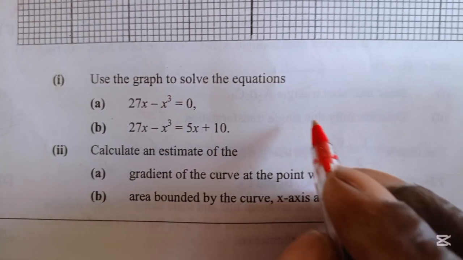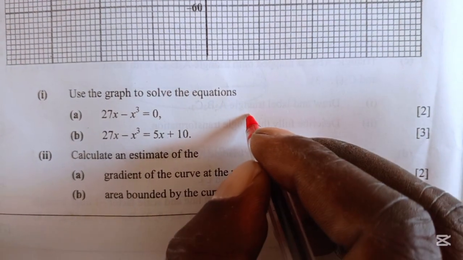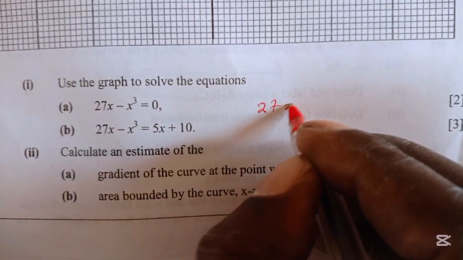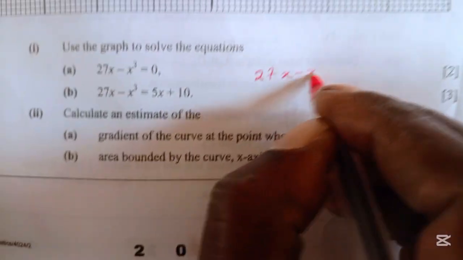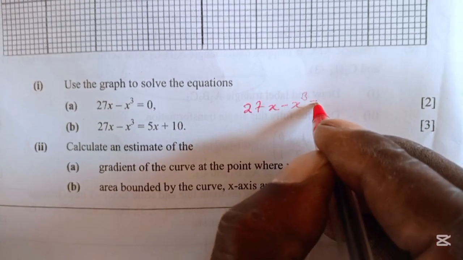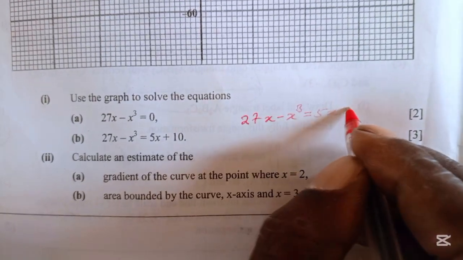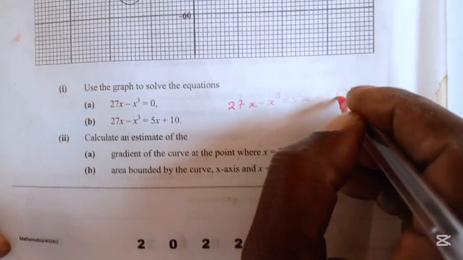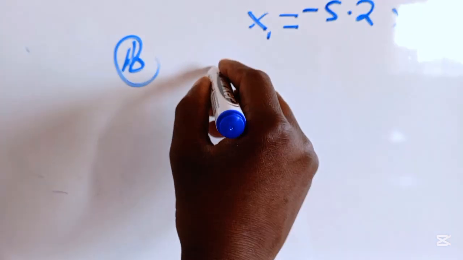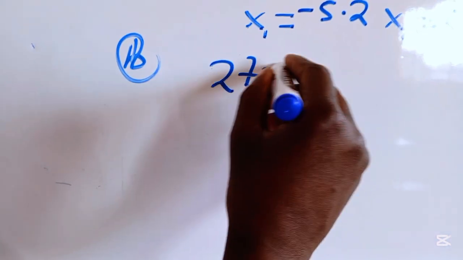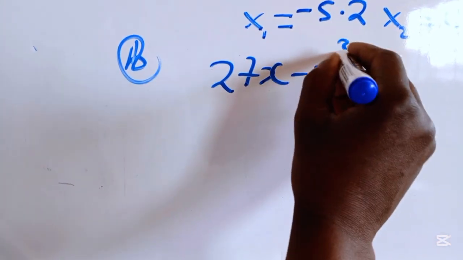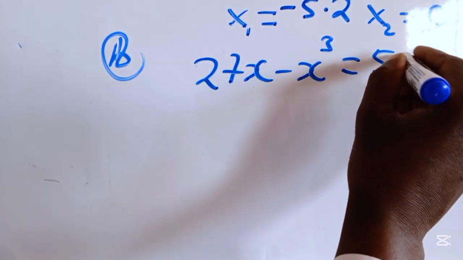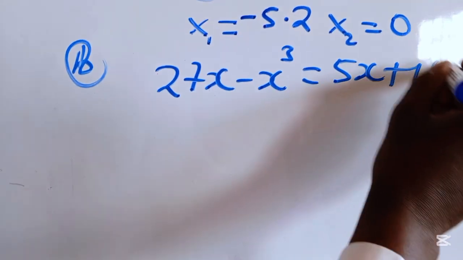You agree with me that this 27x minus x cubed is equal to 5x plus 10. The whole lot of this is equal to 5x plus 10.